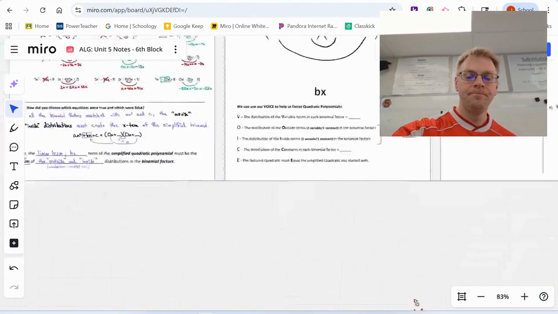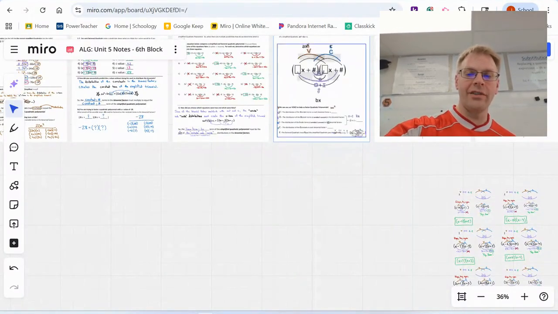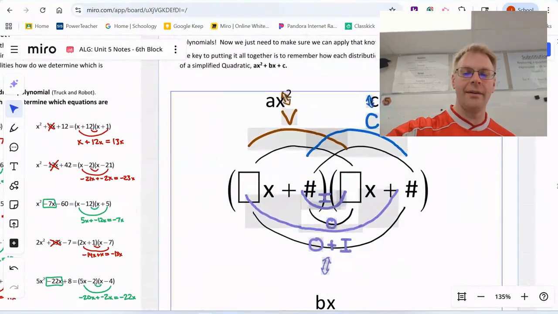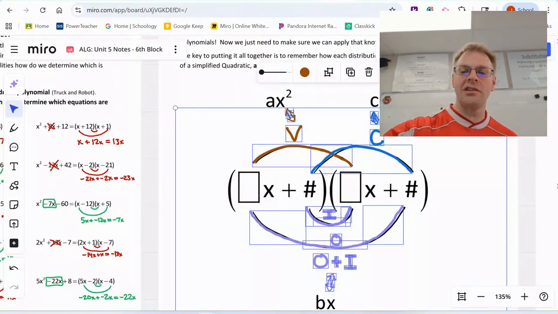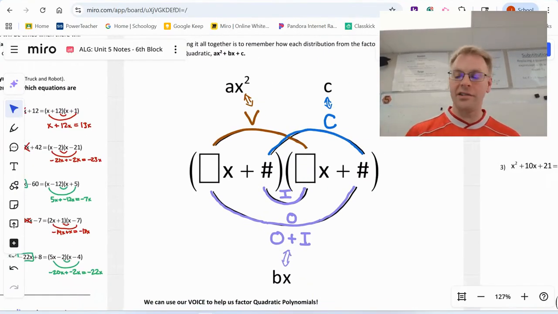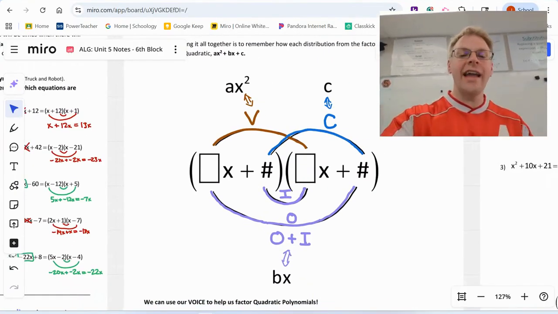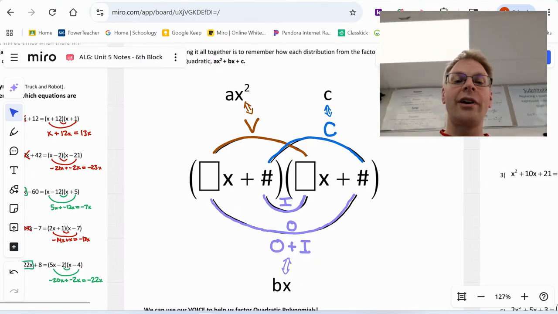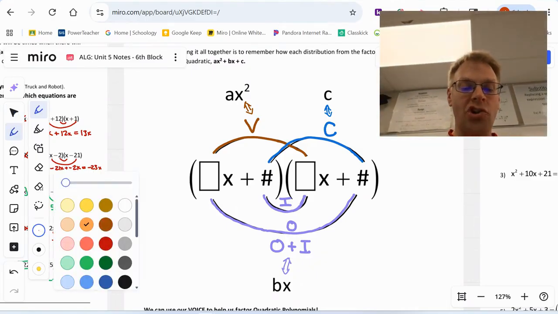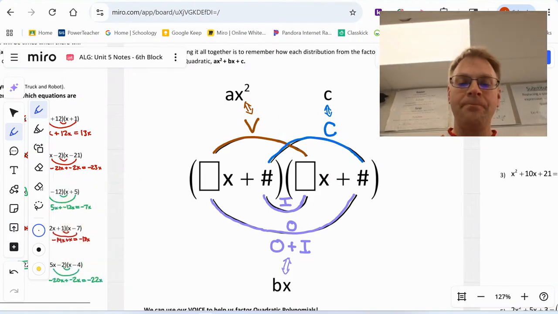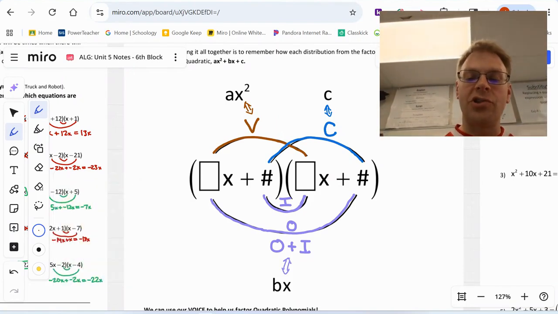Well, let me drag this up. Sorry, I didn't get this in there ahead of time. If you look at the 3 terms in the simplified ax squared, bx, and c, what that creates for us is an educated guess, by making sure that the variable distribution and the constant distribution match ax squared and c.